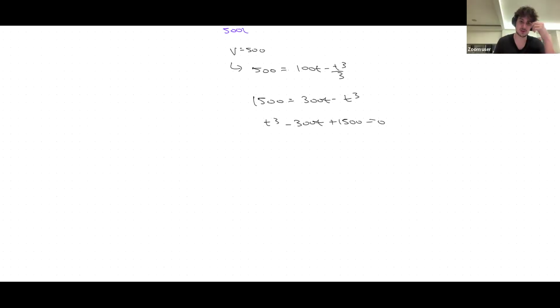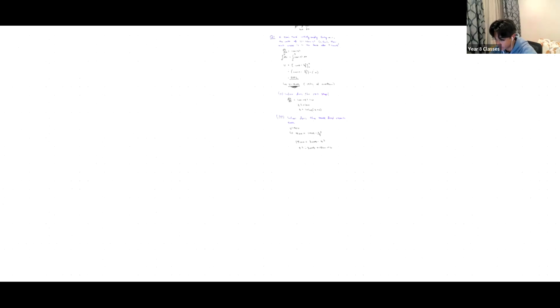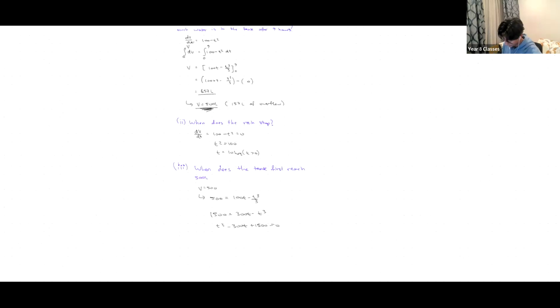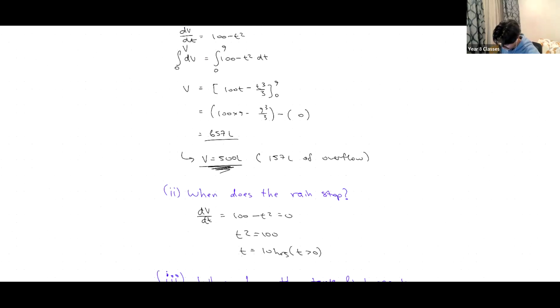Would there be a plus C or no? So we went through the method where you took bounds, so we didn't have to deal with a plus C. We know at the start both of these are 0 because it's initially empty, so volume will be 0 when time is 0.